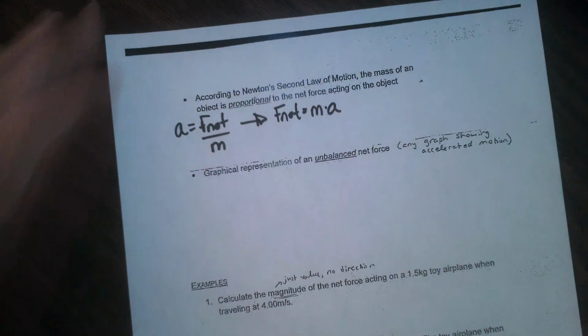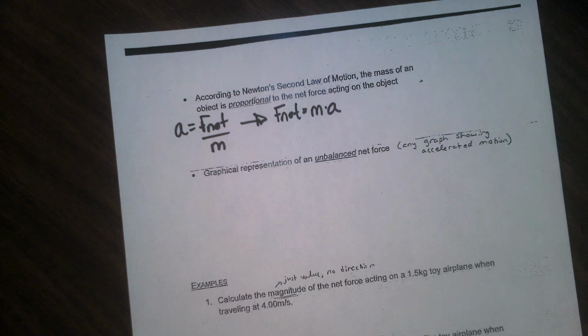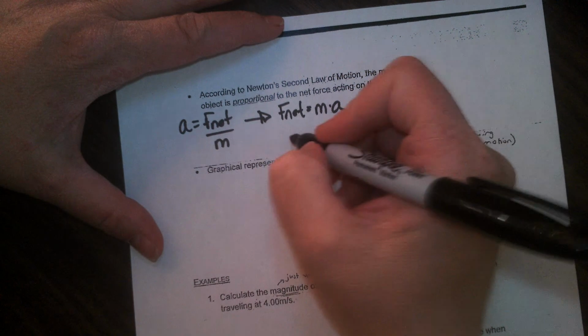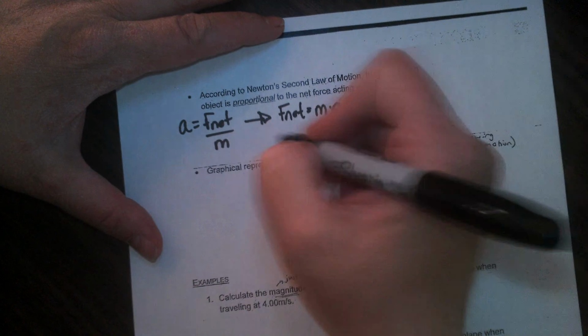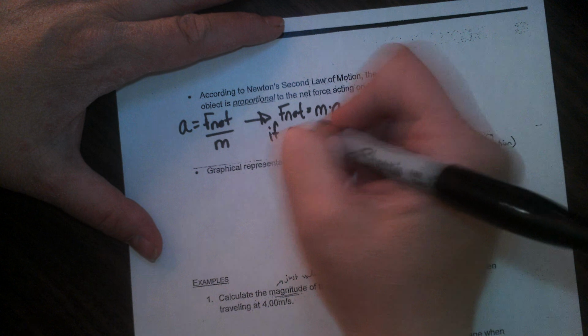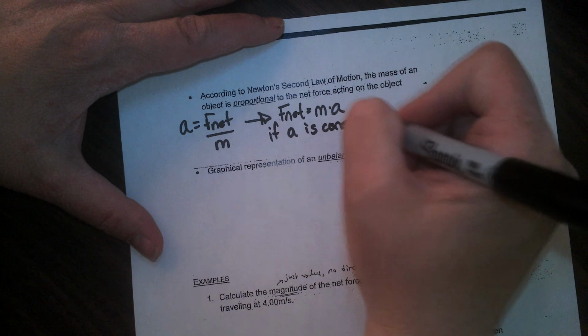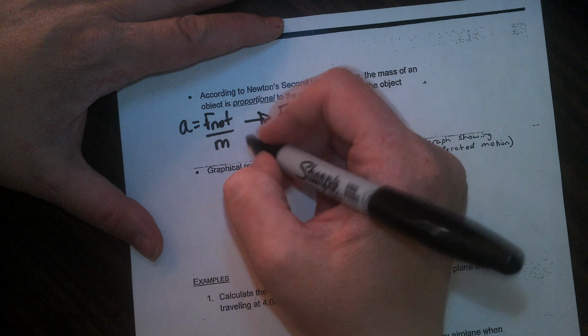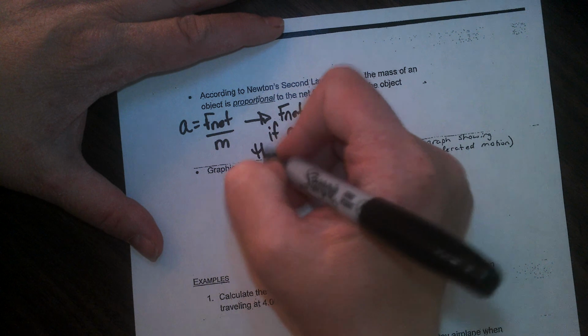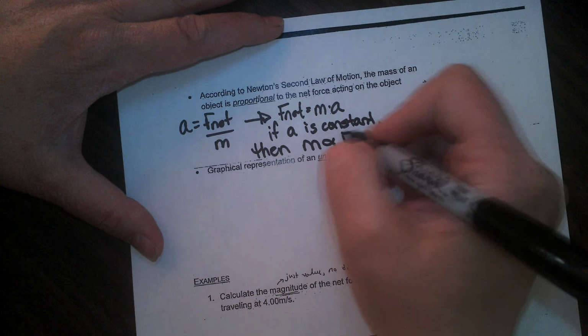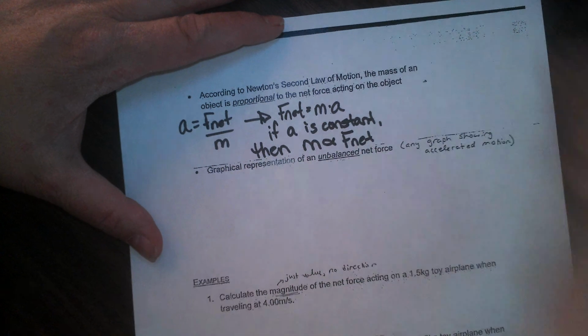And just so you know, conventionally, I will always write it force is equal to mass times acceleration. So if A stays constant, then mass is proportional to force net.